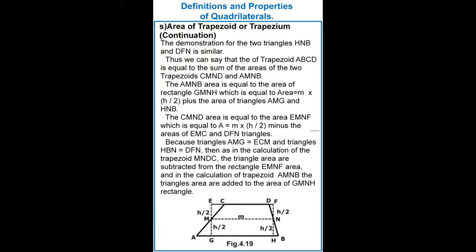Thus, finally, the ABCD trapezoid area is equal to the sum of the dimension of the straight line segment AB with the dimension of the straight line segment CD divided by 2 multiplied by the dimension of the line segment H.